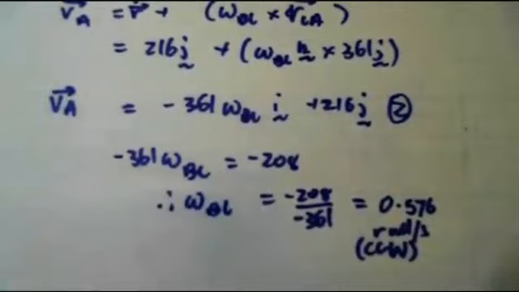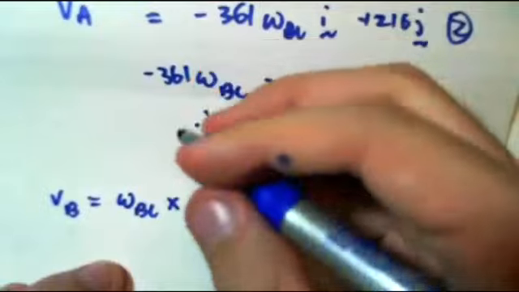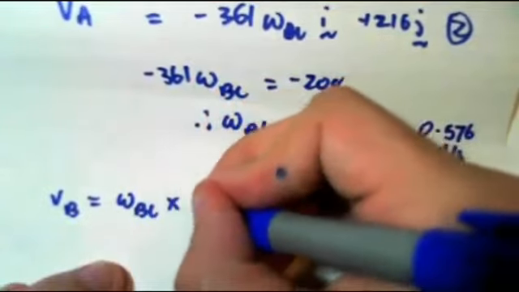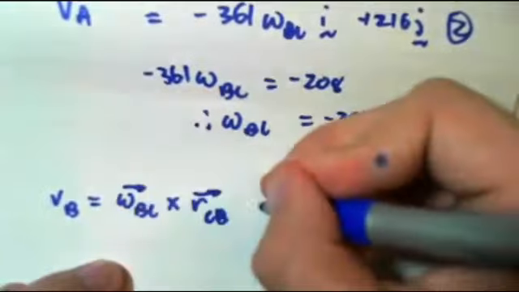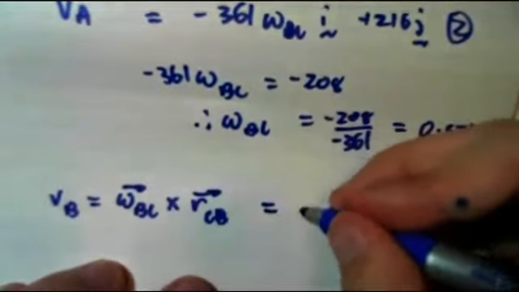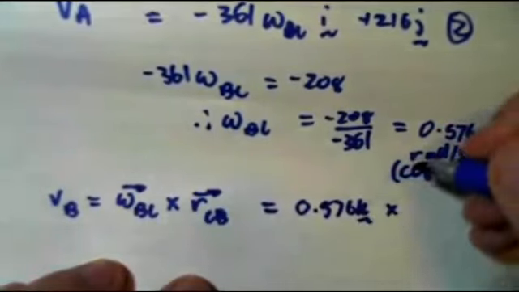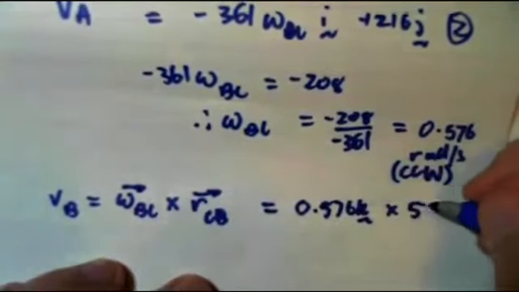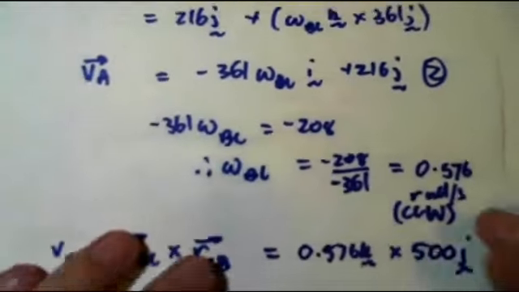And we can see that the velocity of B at an instant is given by V of B equals omega BC cross R of CB, which is equal to 0.576k cross 500j, and this is with respect to our rotating frame of reference.